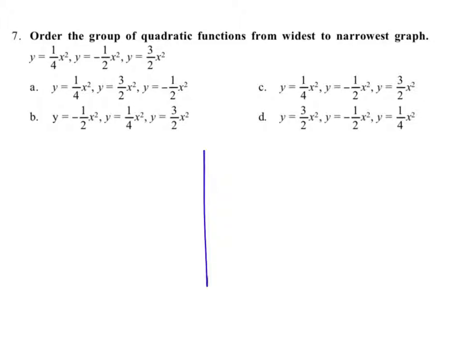The idea is this. If you have some regular graph here, and let's say this is y equals x squared, the parent function. If you were to increase the number in front here, and remember, this is an invisible 1 right there, let's say we increased it to 2.